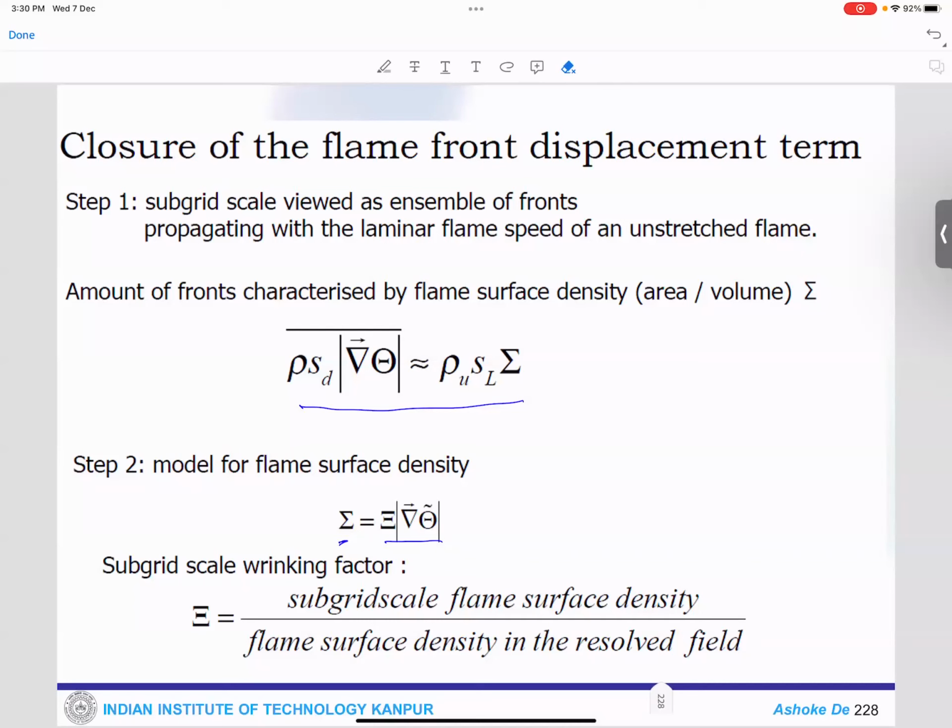So how is it estimated? That is how you estimate that factor here.